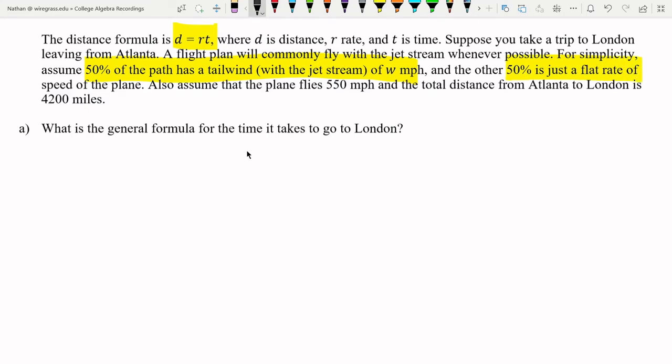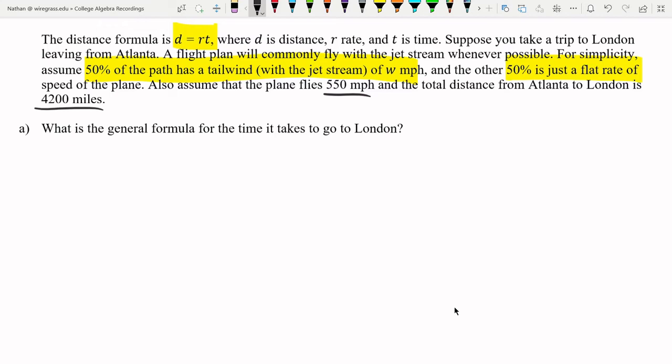That's to make the mathematics simpler. Now, typically a plane that would do this trip would do about 550 miles per hour. And the actual distance that you're going to fly is approximately 4,200 miles. So what is a general formula for the time it takes to go to London?